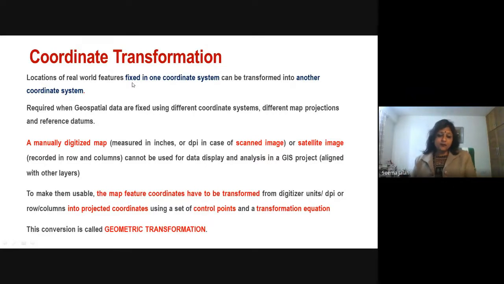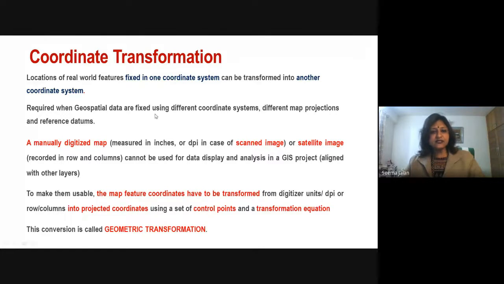But to actually overlay them, both of them should be in one particular coordinate system. So there may be two requirements: either it does not have any coordinate system at all and you want to assign a coordinate system to it, or it is in one particular coordinate system and you want to transform it into another coordinate system. Both of the things can be done through coordinate transformation.